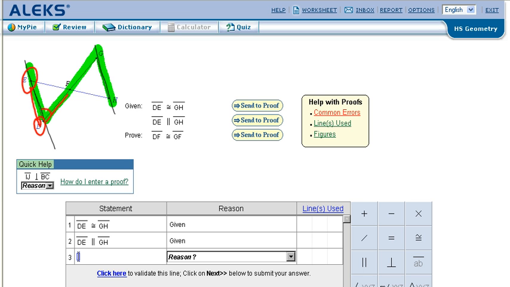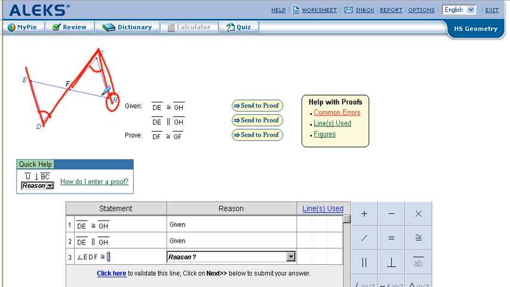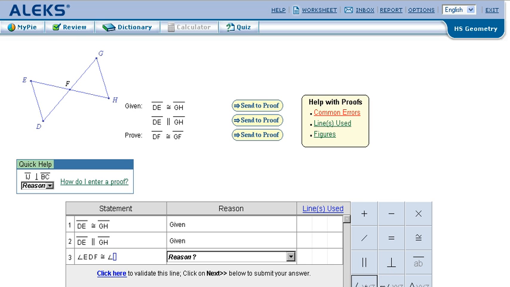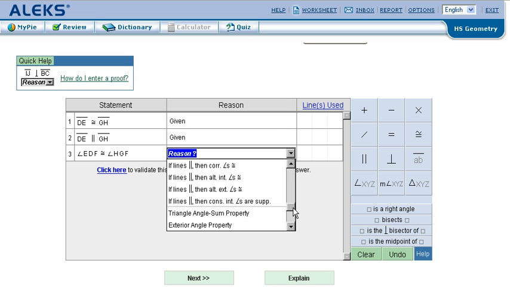So we're going to pick this up. Angle EDF is congruent to angle HGF. That would be the alternate interior angles, armpits of the Z. And the reason for that is if you have parallel lines, then alternate interior angles are congruent.